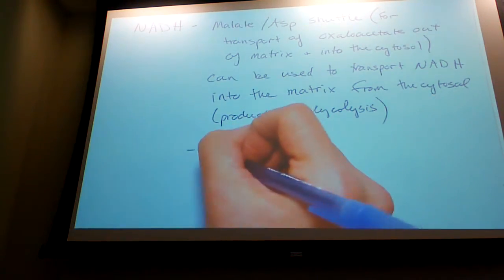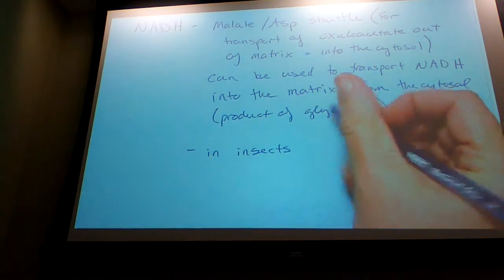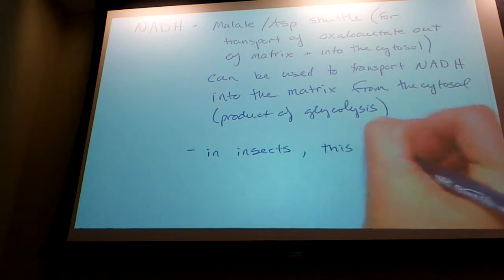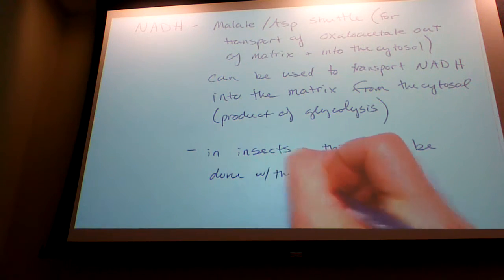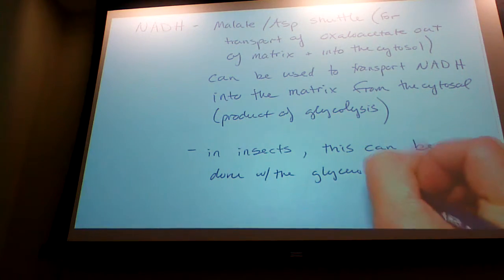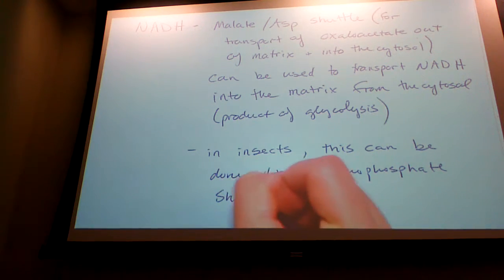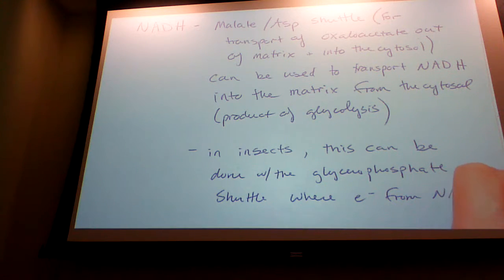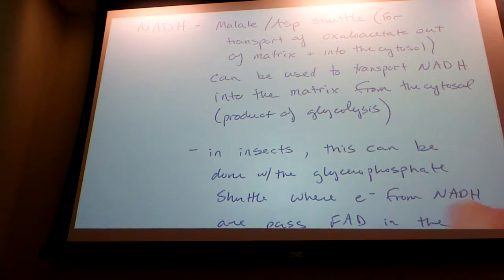And then if you're interested in insects, you can use the glycerophosphate shuttle. That's where electrons from NADH are passed to FAD in the inner membrane.